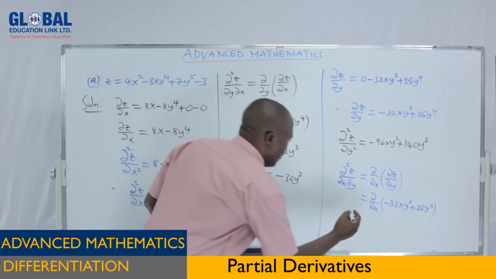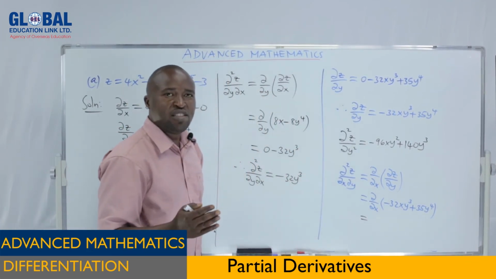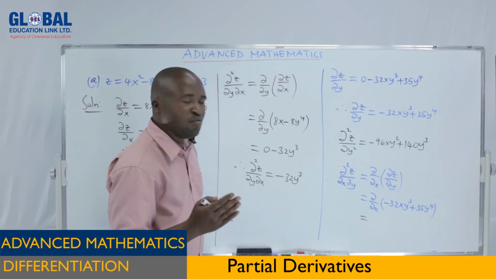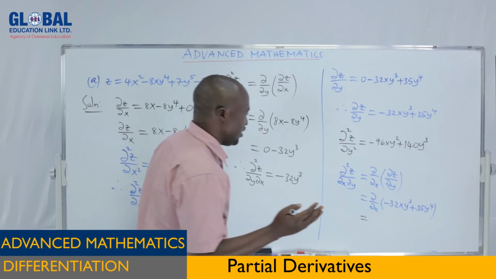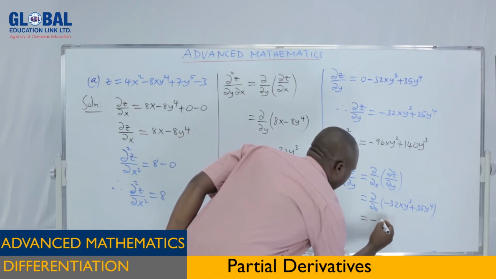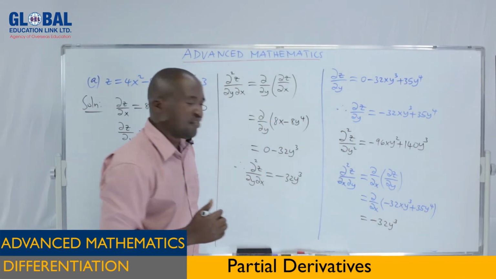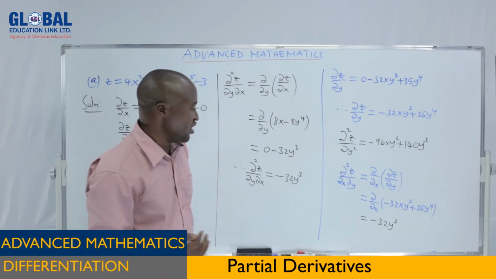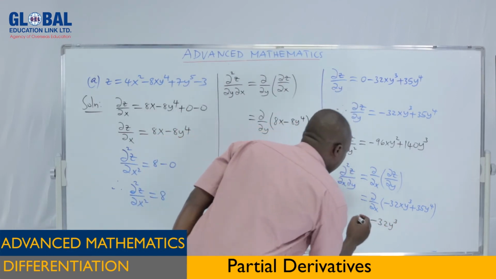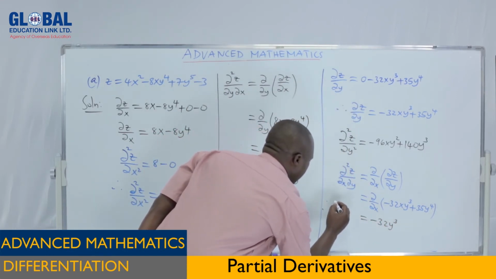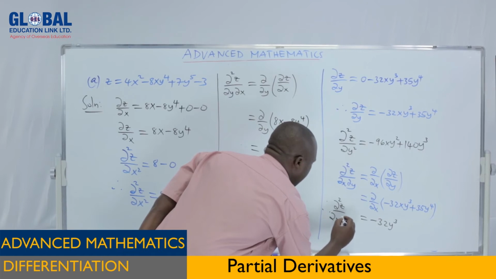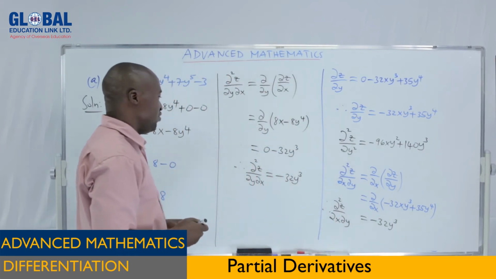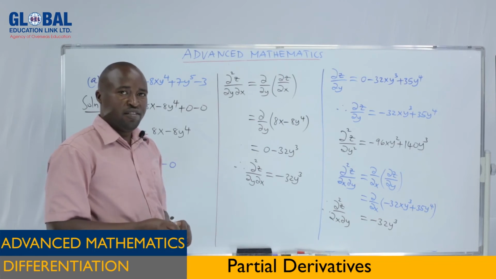So in this case, we are going to have, we are starting with negative 32 xy power 3. Remember, y is constant. So here we are going to have negative 32 y power 3. Then differentiating 35 y power 4, remember y is constant. So this one will be 0. So in this case, we say the second order partial derivative of z with respect to x and y is equal to negative 32y cubic.